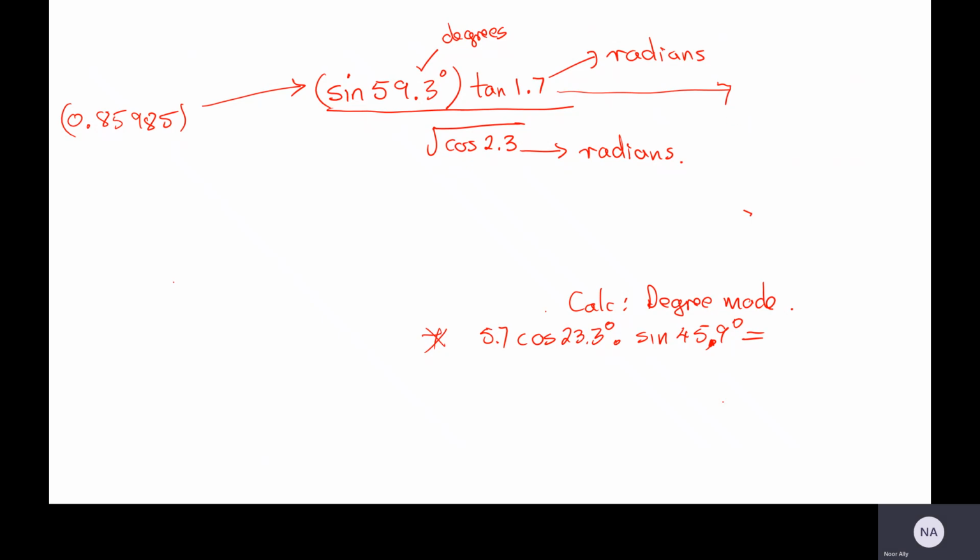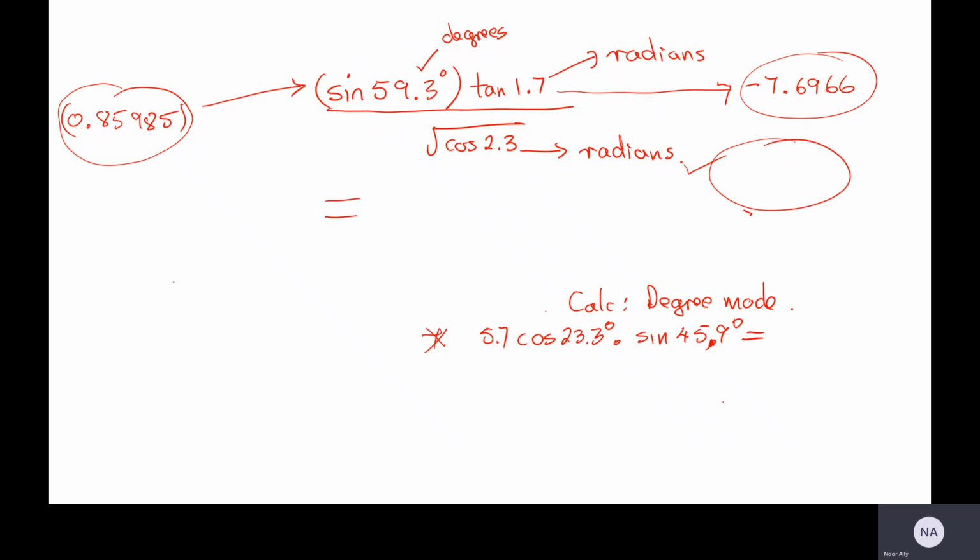But that's in radians, so I'll have to go to the calculator, change the mode to radian measure, and work out tangent 1.7. I get negative 7.69660239. And do likewise for this one. Then after I have that multiplied by this, divided by that, that will give me my final answer.